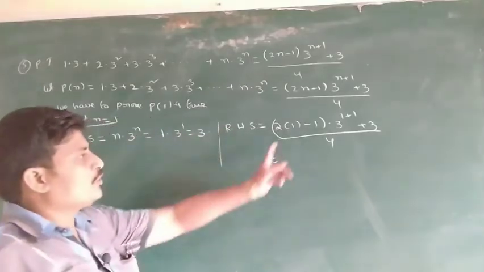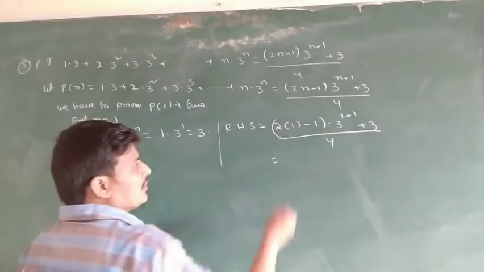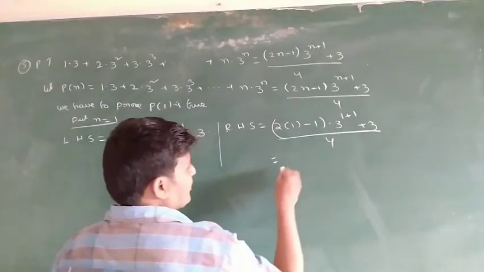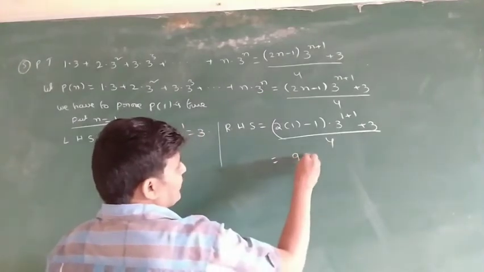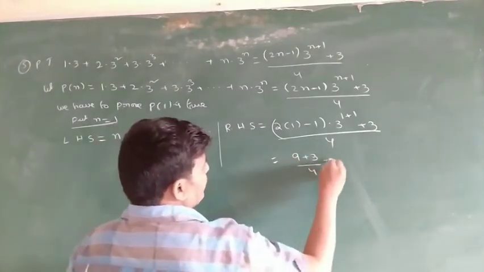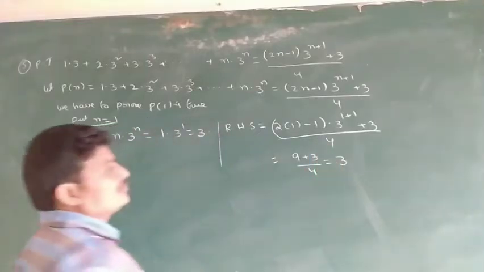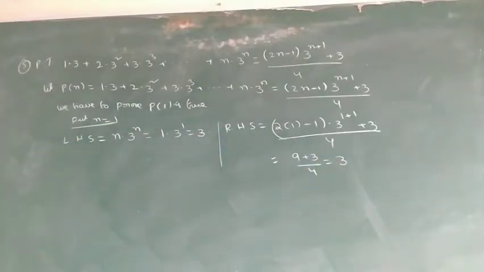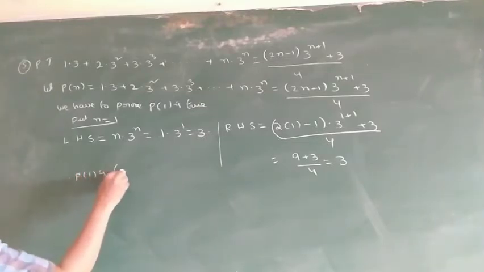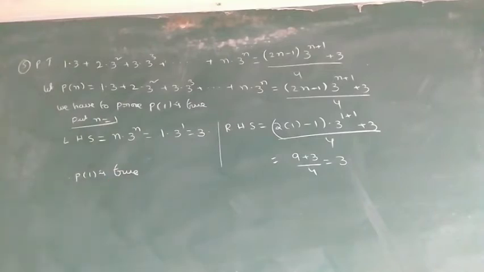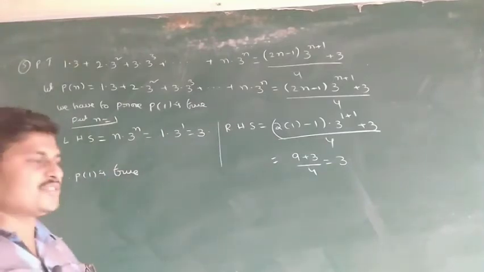So 2 into 1, 2 minus 1 is 1, 3 square, 3 square means 9, plus 3 by 4, that is equal to 3. Therefore P(1) is true. Okay, normal steps, normal procedure.